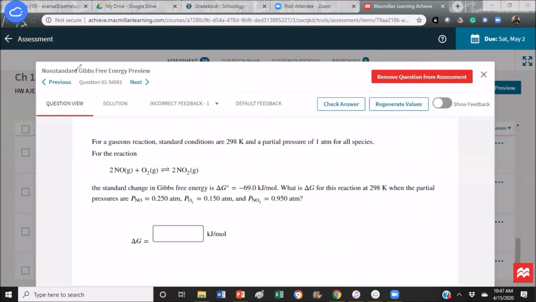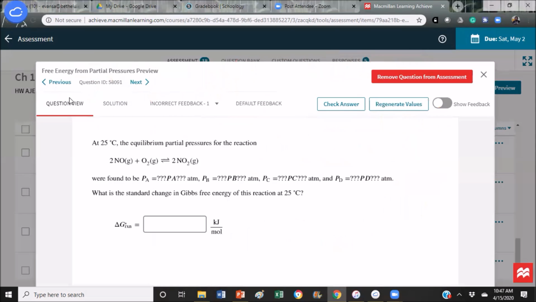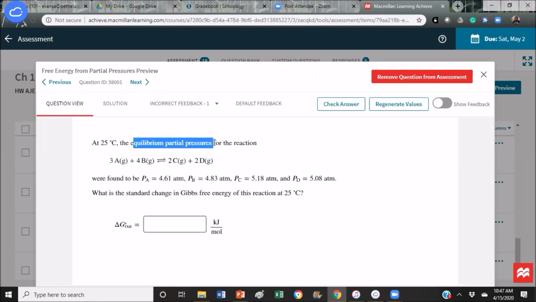I just want to jump back for a second so we can see. Notice on this one, we said: what is the standard Gibbs? The equilibrium partial pressures were found to be this. So it's telling you these are equilibrium partial pressures, so it's telling you it's at equilibrium.